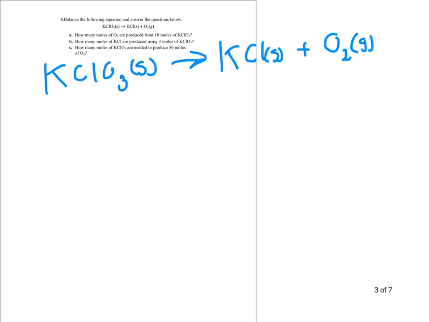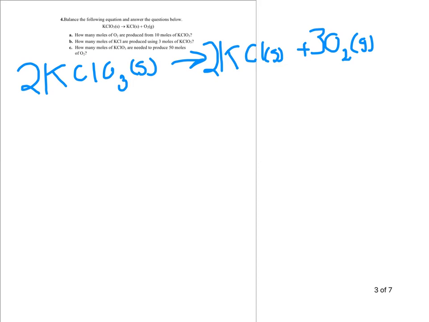Initially, the K and Cl are the same. We've got O2 and O3, so if I balance those, I would need 3 O2s over here and 2 KClO3. I'll put a 2 in front of the KCl as well, and we should have a balanced chemical equation now.